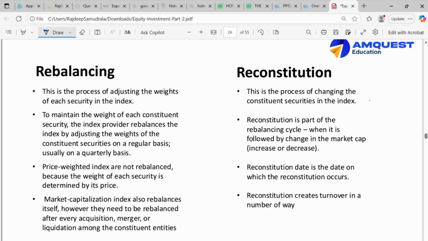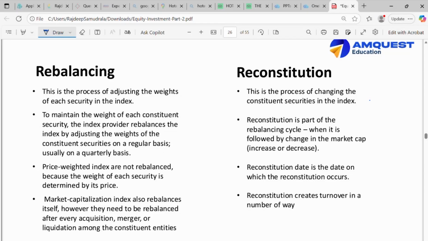Then you have to make sure the adjusting of the weights happens because the price goes very high or very low. Now understand what are the differences between rebalancing and reconstitution.